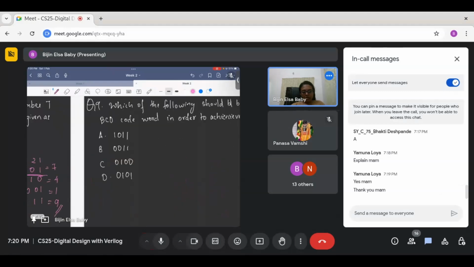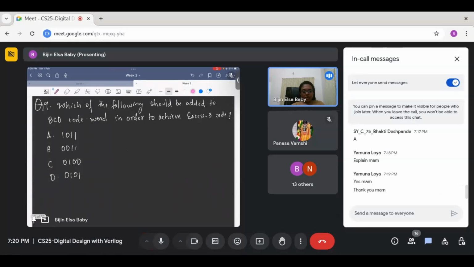Okay. So moving to the next question, what number you should add with the BCD code in order to achieve XS3 code? These are the options.